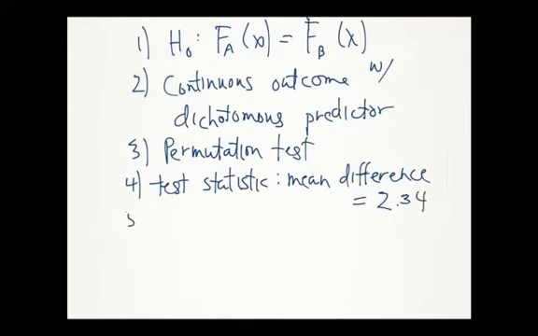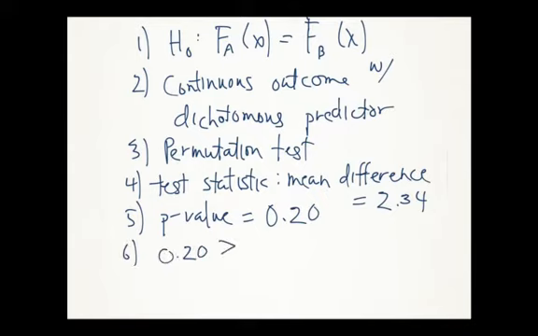Then we calculate a p-value based on our permutation test. Remember, we said our two-sided p-value was 0.20. Since 0.20 is greater than 0.05, we fail to reject.